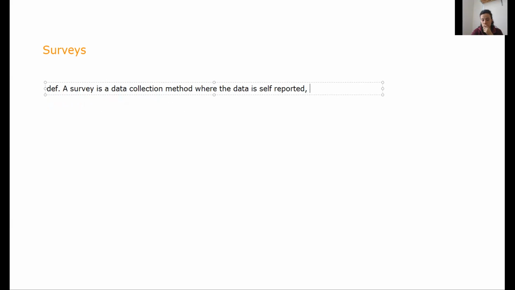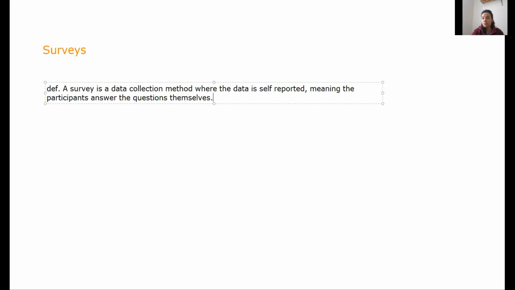Because they can answer the question however they want. Yes, exactly. So each person answers the question themselves, right? So it's not data that is being collected by somebody looking at people, but rather people answering questions themselves. So meaning the participants answer the questions themselves.